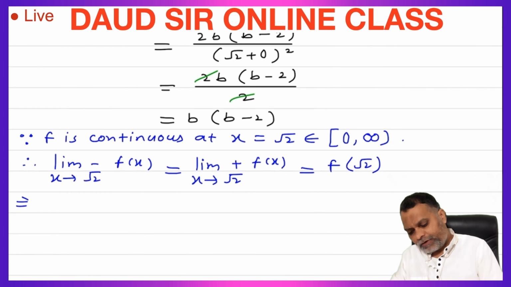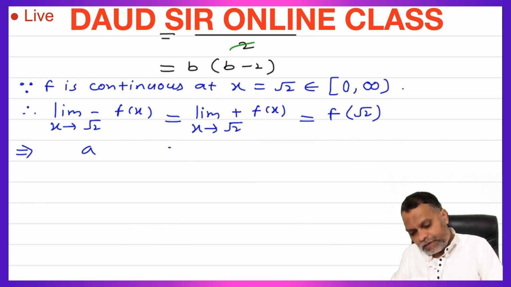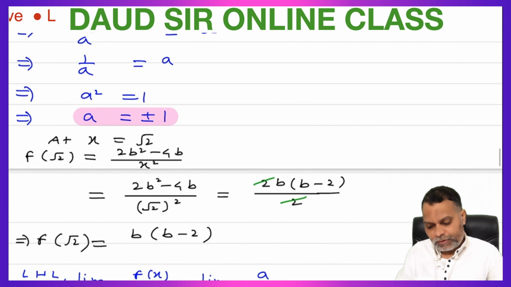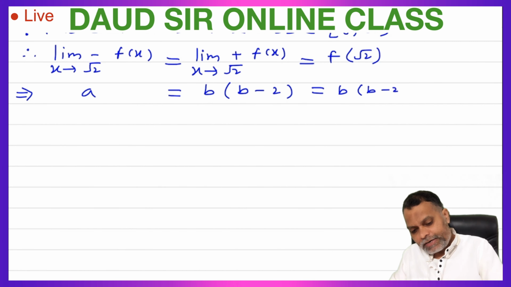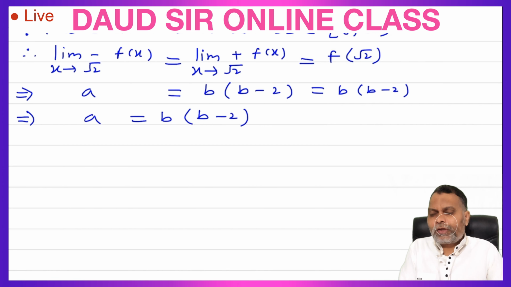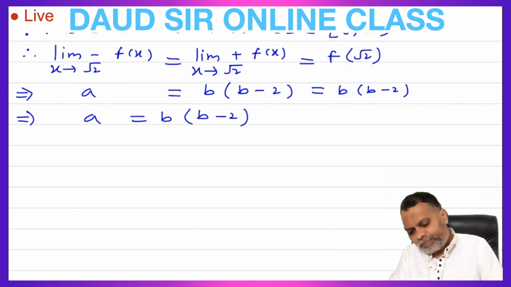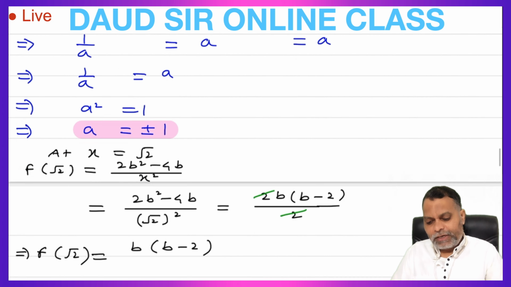Now substitute the values. Left hand limit a, right hand limit b into b minus 2, and f of root 2 b into b minus 2. Take two parts equal, a is equal to b into b minus 2. Now we already calculated the value of a is equal to plus minus 1.